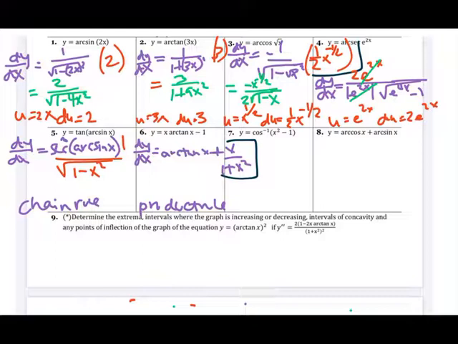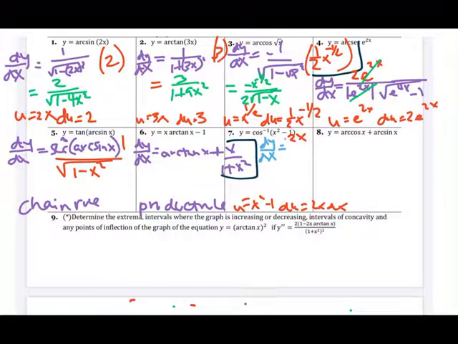On number 7, our u on the inside is going to be x squared minus 1. Again, you don't have to set it up this way, I just want you to see. So then du is going to be 2x dx. So dy dx is going to equal this derivative we just found, 2x.